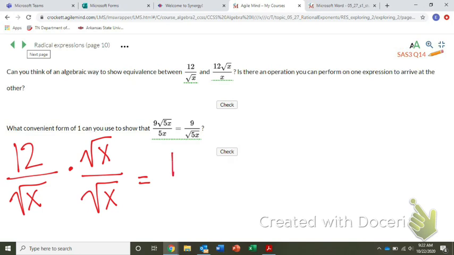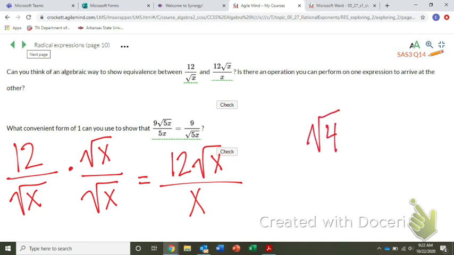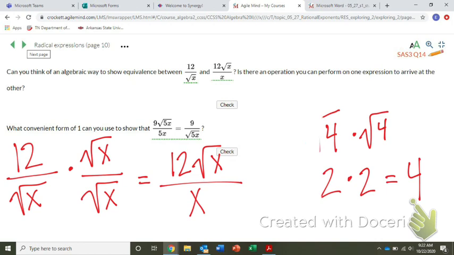So you have 12 square root of x, and the square root of x times the square root of x is just equal to x. And I know this because if I said the square root of 4 times the square root of 4, well, what's the square root of 4? 2. And 2 times 2 equals 4. So it's almost like your radicals just go away. All right, so that's how you show number 14a.